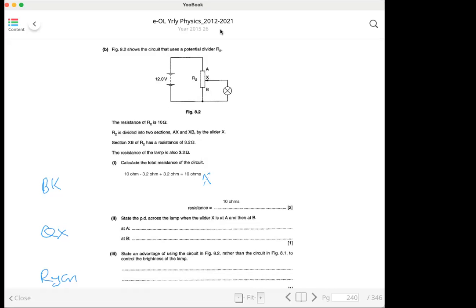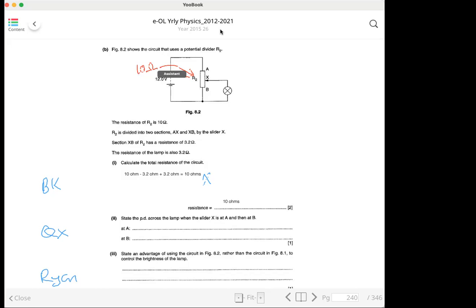Okay, if I were to redraw, maybe you'll be able to see better. Okay, the resistance of R2 is 10 ohm.